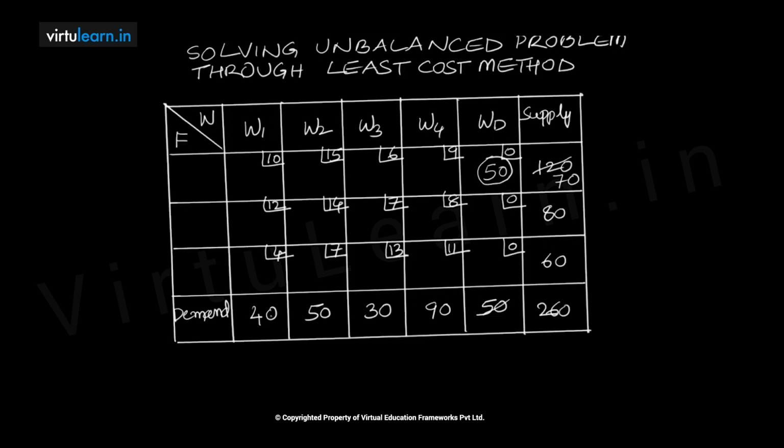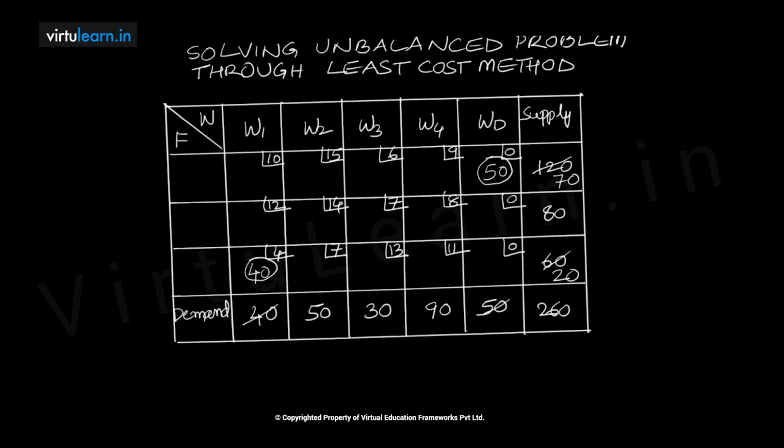W1 requires 40 units, and 60 are available, so we can make a 40 unit allocation here because it doesn't require more than 40. 40 is satisfied. Out of 60, 40 are gone and 20 are remaining. Now in the W1 column we also cannot make any allocation because it is satisfied.